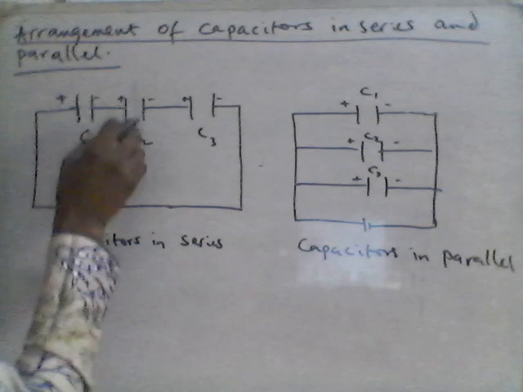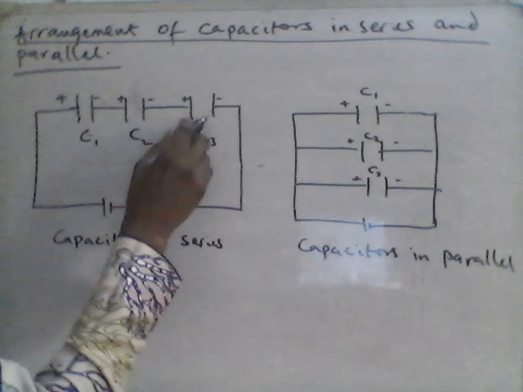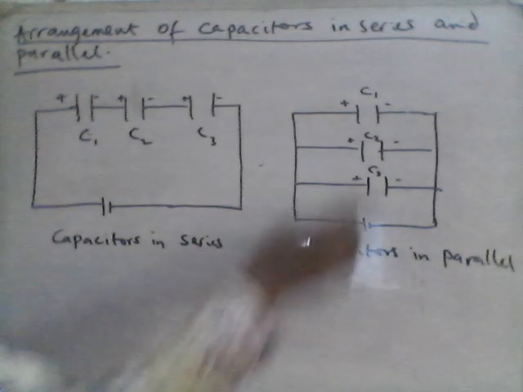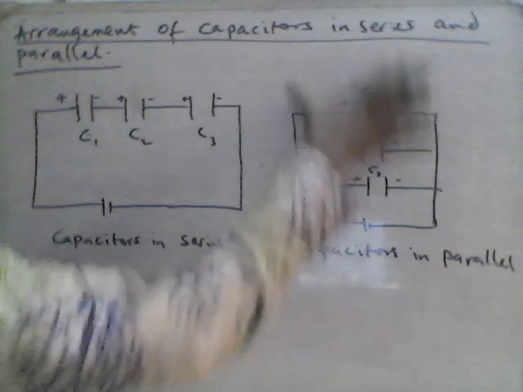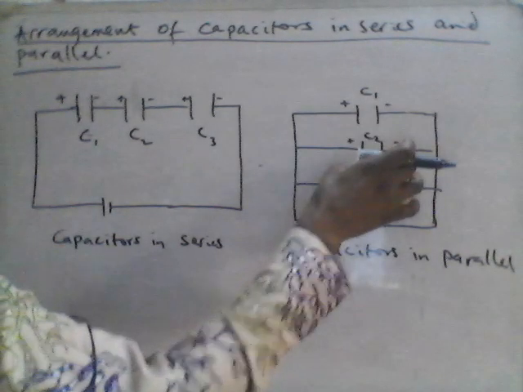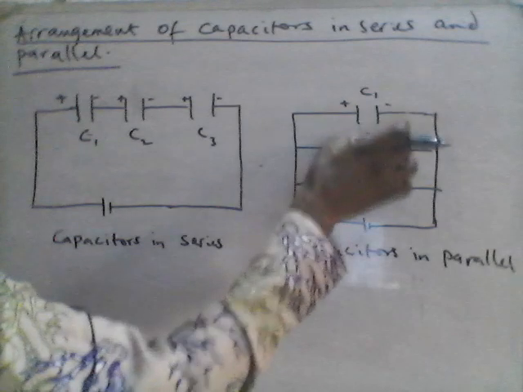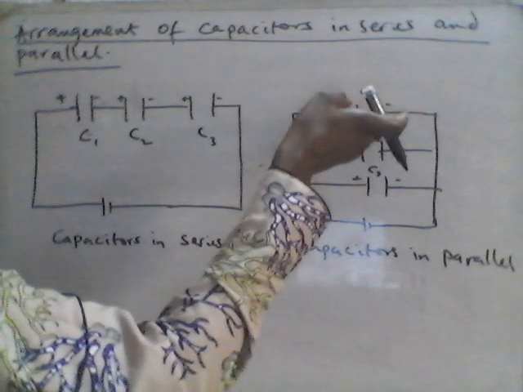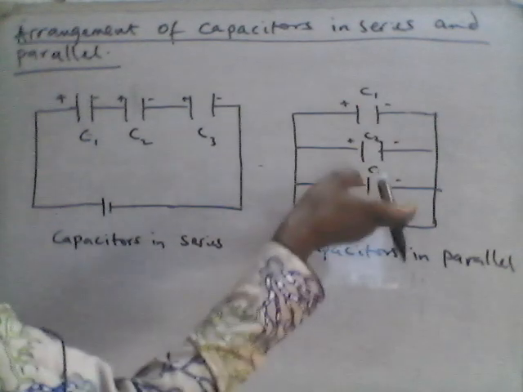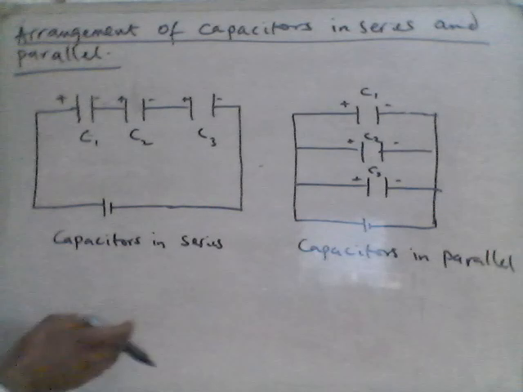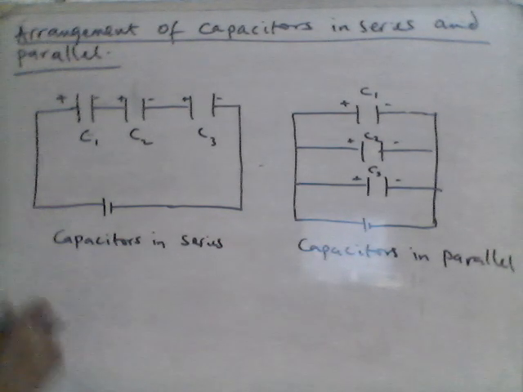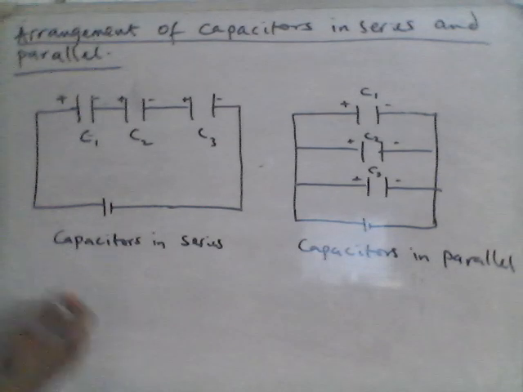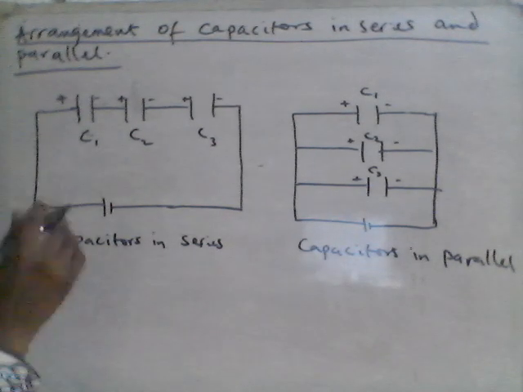For parallel, you see that it's connected across, voltage applied across the terminal, and each capacitor is connected up and down, up and down. You understand? Okay, so now there is the concept of equivalent capacitance, or resultant capacitance, or net capacitance, or total capacitance.